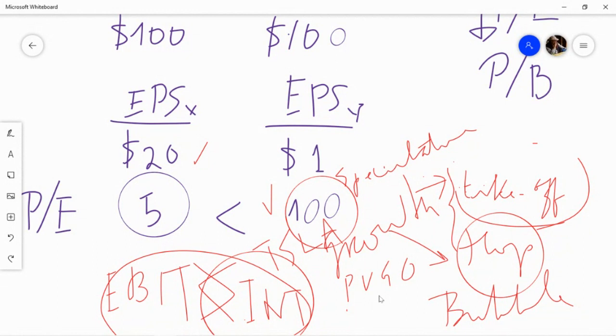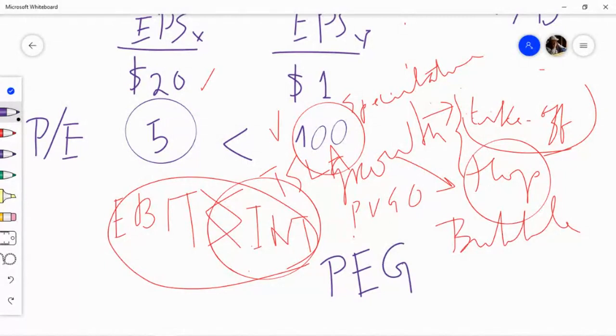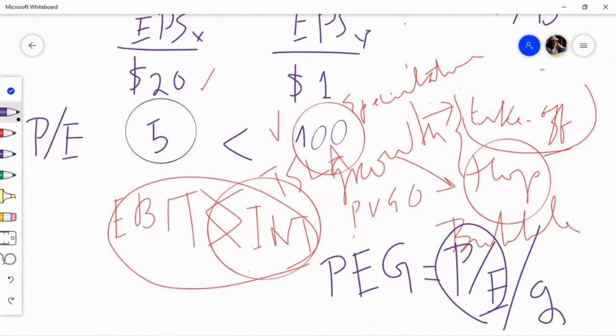Yes, there's a ratio called the PEG ratio. Among the stocks with high price earnings ratio, you will need to use PEG, which is short for price earnings growth ratio, which is basically the price earnings ratio over the earnings growth rate.